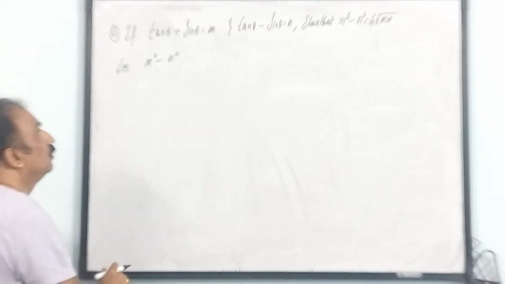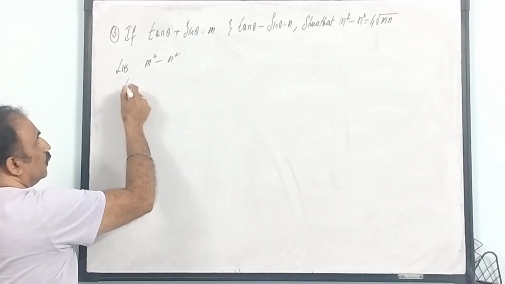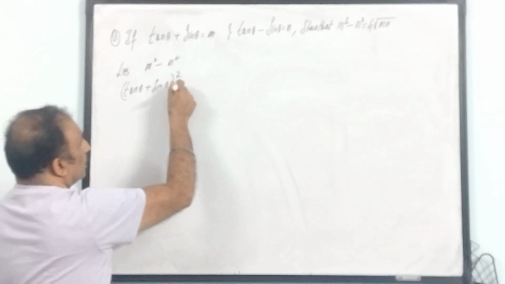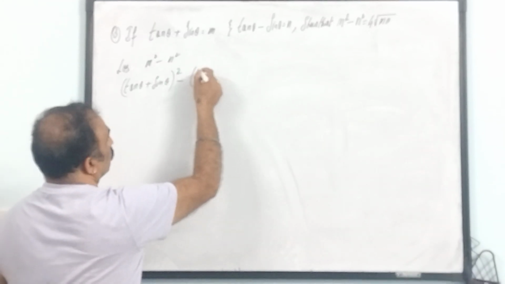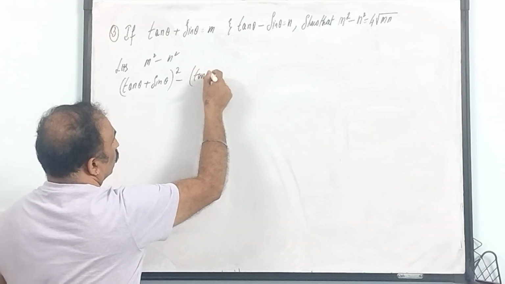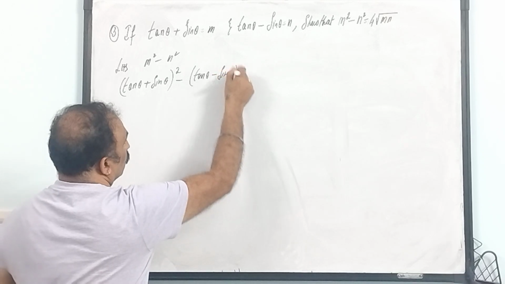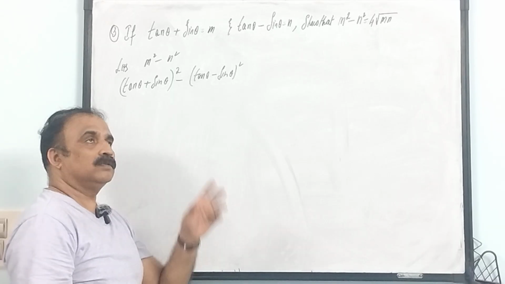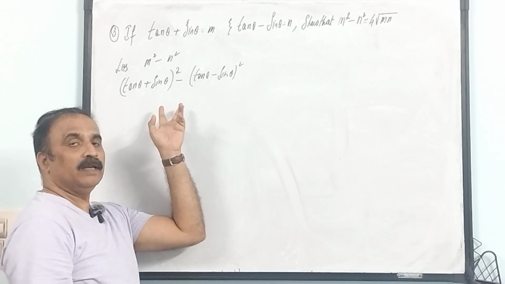So if I take up LHS, that is m square minus n square. So substituting the values, here it is going to be tan theta plus sine theta whole square minus, again, tan theta minus sine theta whole square. Now this can be done in two ways.